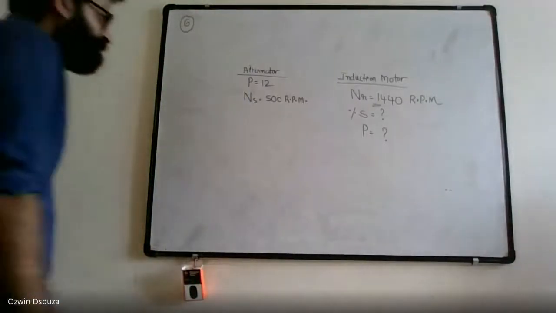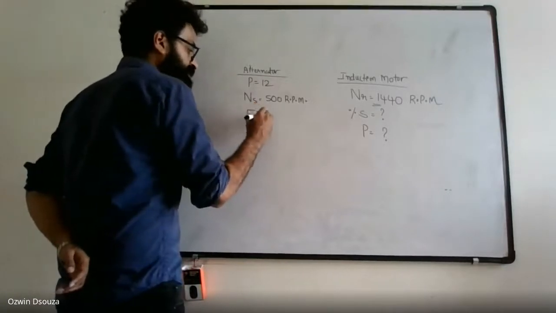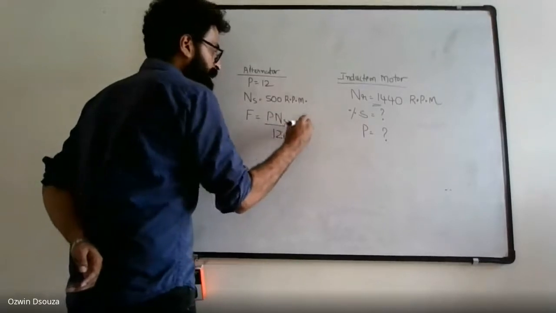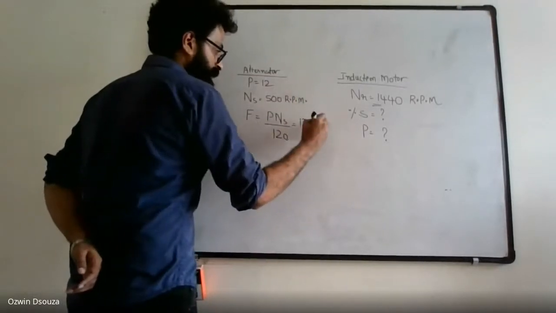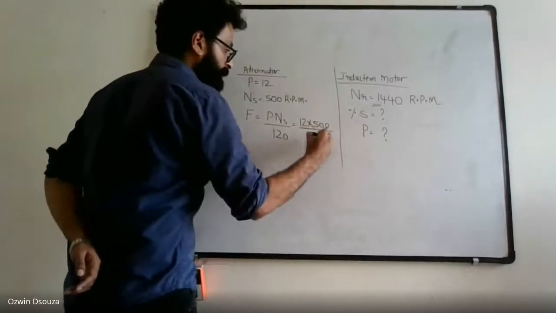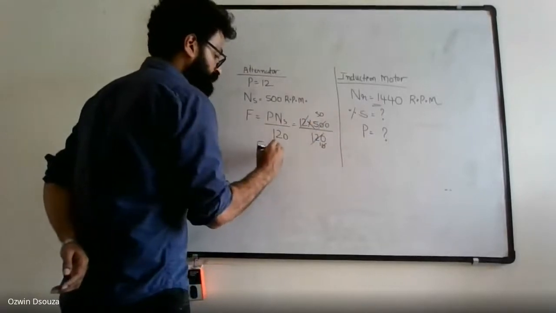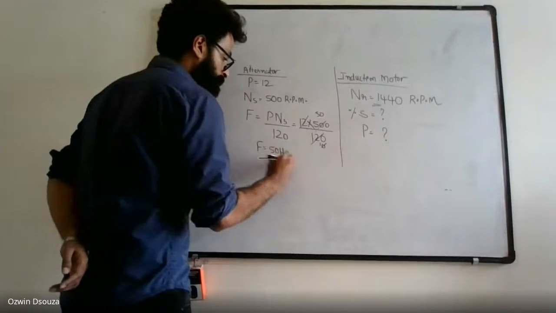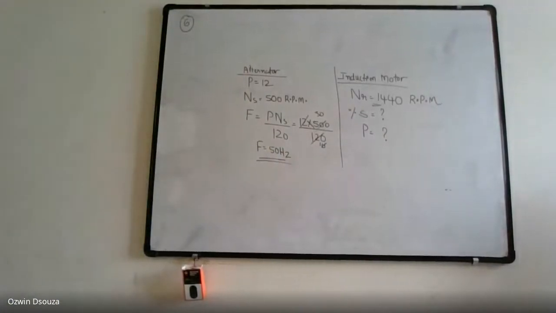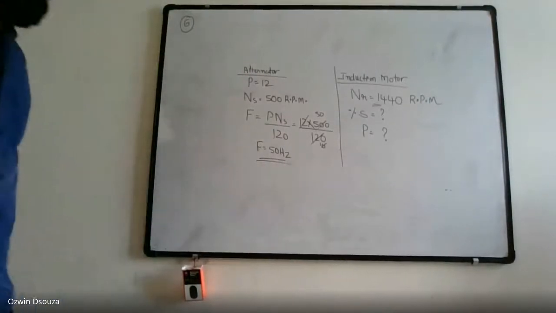All right. Fine. So from the alternator data, probably you can find out the frequency. So frequency is P into Ns divided by 120. P is 12, Ns is 500, divided by 120. So F is equal to 50 hertz. So 50 hertz is the frequency of the induced EMF in the alternator.